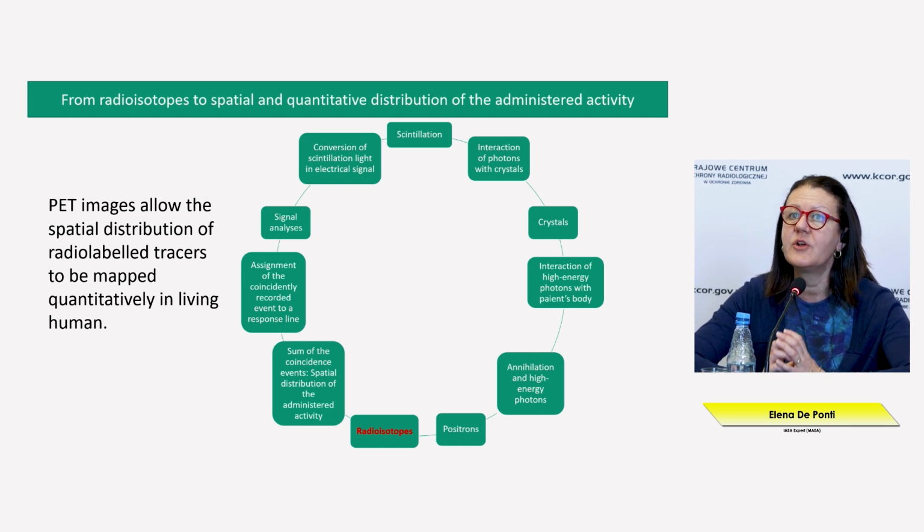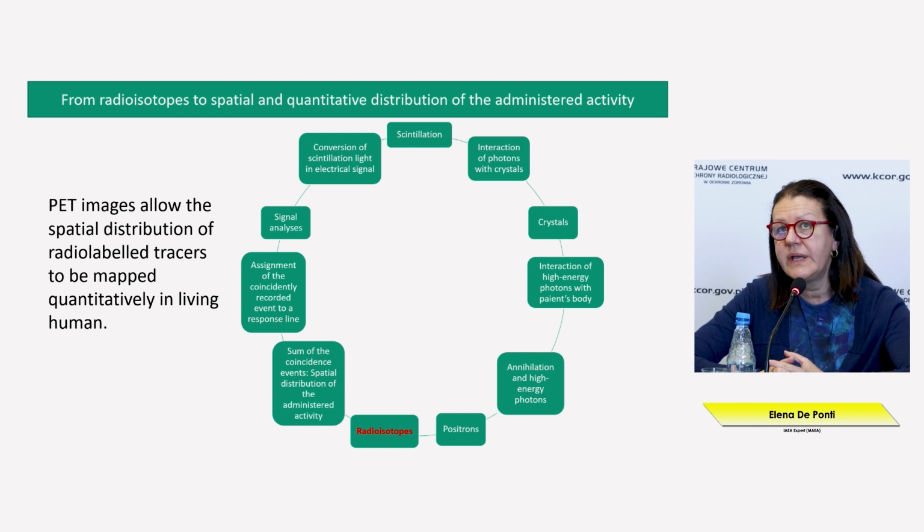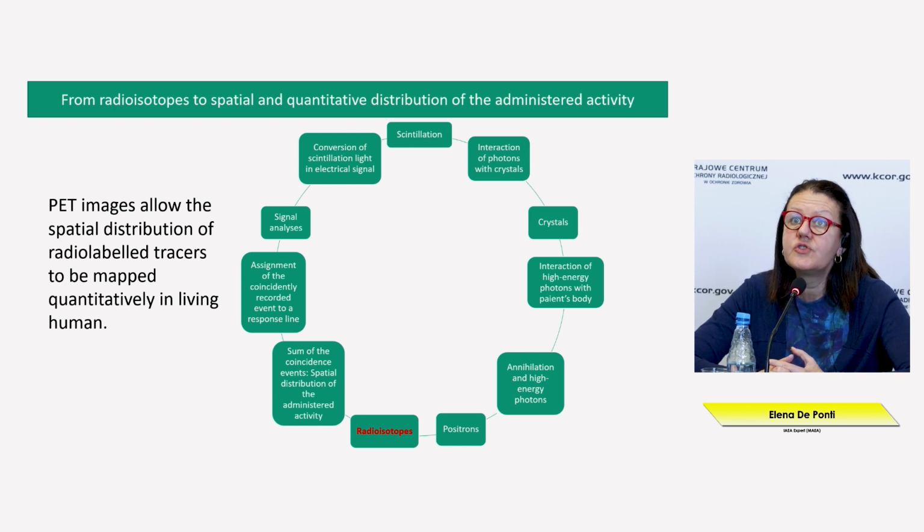This is an overview of what happens when we are dealing with the PET imaging modality, and we have a starting point that is the choice of a radioisotope that we want to use to label some pharmaceuticals, and then through different steps we can arrive at an imaging of the distribution of these radioisotopes, radio tracers, in a patient's body or anatomical part of the body.